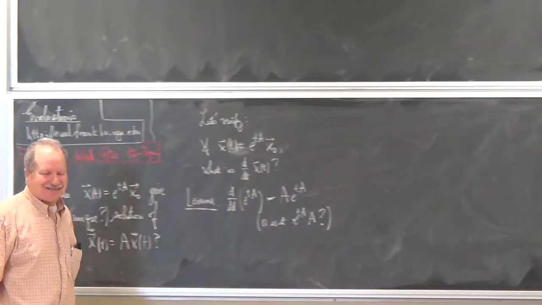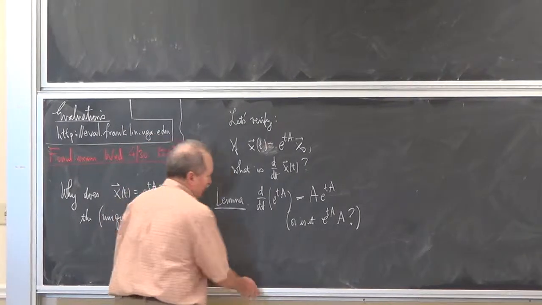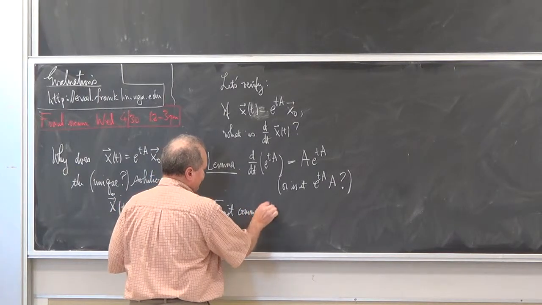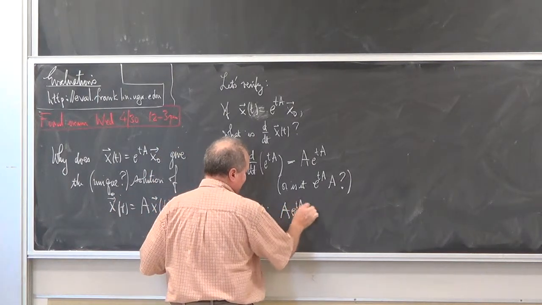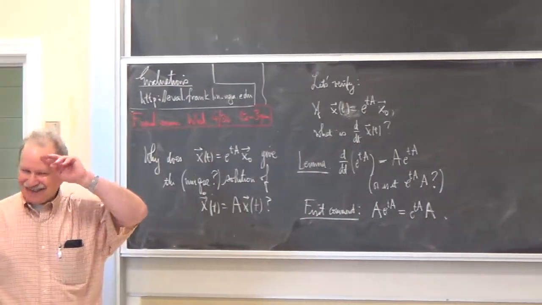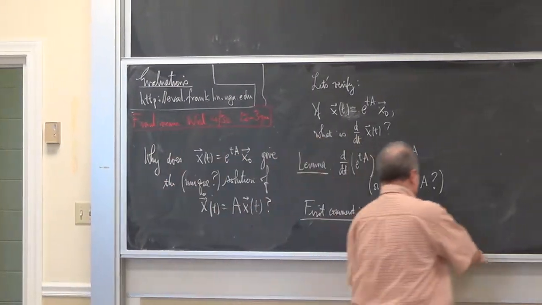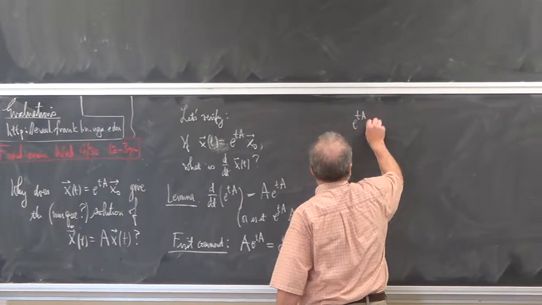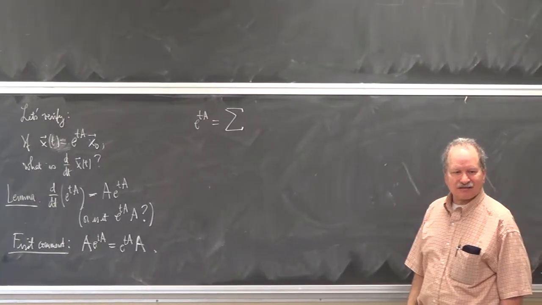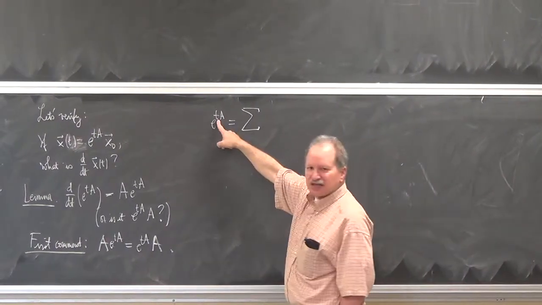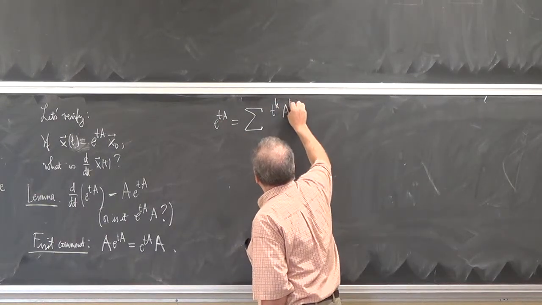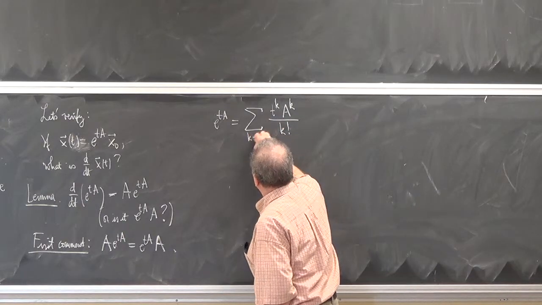Alright, so the first comment here, folks, is they're the same. So why are they the same? Well, what is e to the tA? It's given by an infinite series, which is the sum of t to the k A to the k over k factorial.